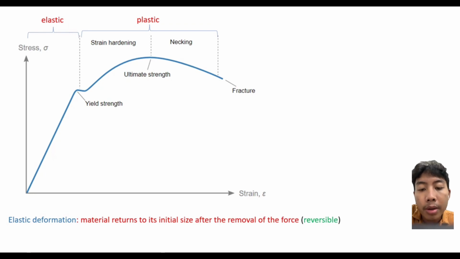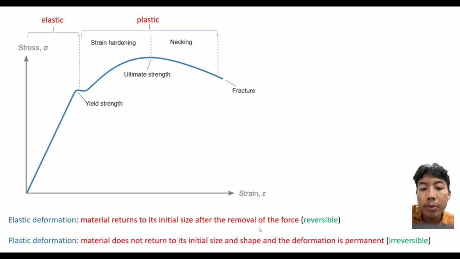It means if you pull a specimen of material, right after you stop loading the force, the material can return to its original shape and size. So we call this type of deformation reversible deformation. Elastic deformation is reversible.